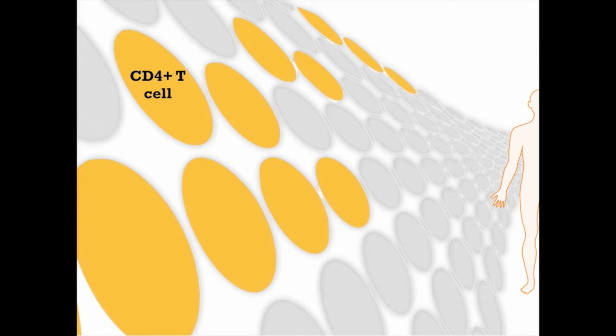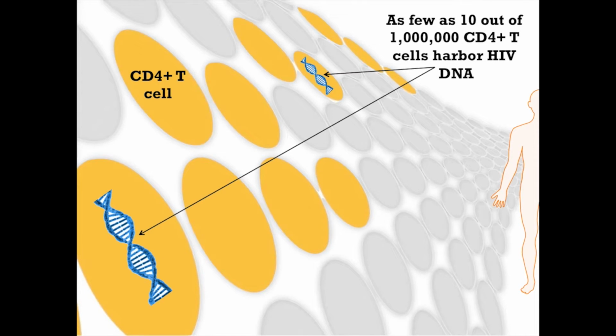Not the exclusive target, but definitely the principal target for HIV infection. So already we're getting down to about 10% of the white blood cells that could potentially serve as targets for HIV infection. Now to get down even further, as few as 10 out of 1 million CD4 T cells actually harbor HIV DNA in an HIV-infected individual on antiretroviral therapy.